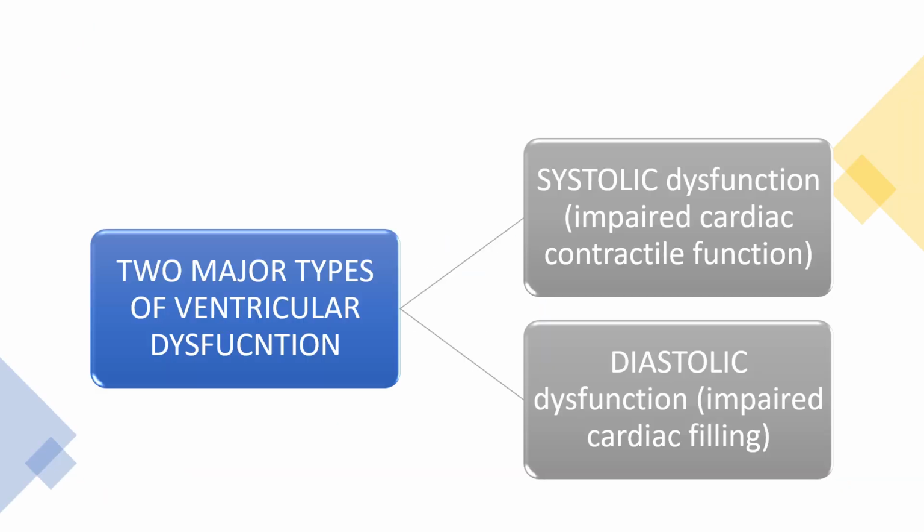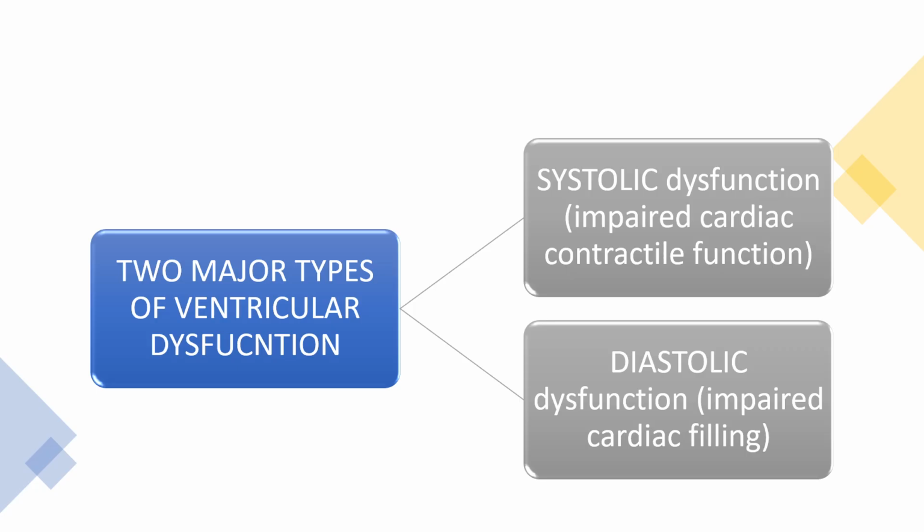As I mentioned in the previous slide, there are two major types of ventricular dysfunction. One that has to do with cardiac emptying, therefore it has to do with impaired ventricular contraction that we refer to as systolic function. And the other type is diastolic dysfunction that has to do with impaired cardiac filling.